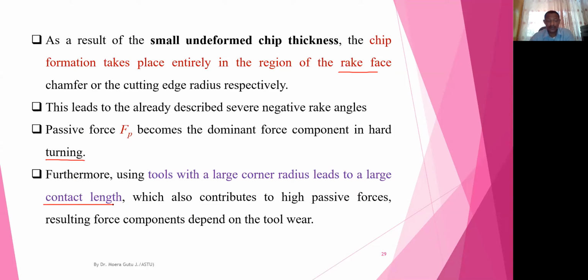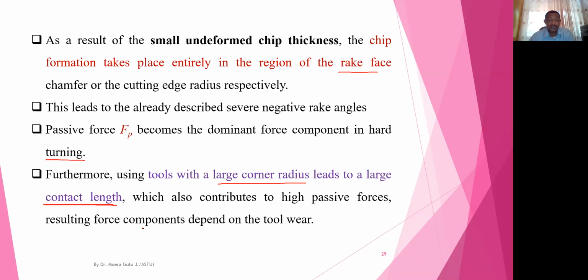Previously, we said that a large corner radius will allow what? The heat dissipation, we have said. But it has another negative effect. In this case, the tool engagement with the workpiece is more. So the hydrostatic pressure load on the workpiece is more, which also contributes to high passive forces.